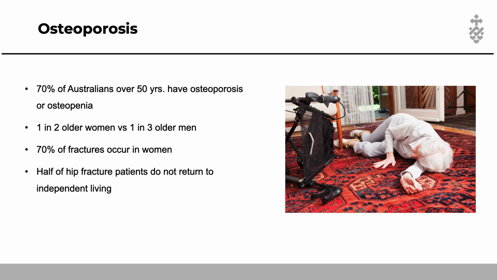Now, such a high prevalence of these conditions results in a large amount of bone fractures in older populations. 70% of the bone fractures due to poor bone density occur in women. So a hip fracture being the most serious of these. And it's really sad, but around half of older patients who fracture their hip don't return to normal independent living.